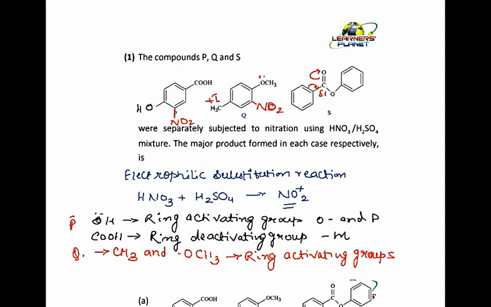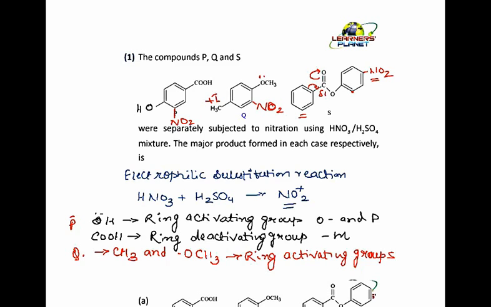So will the nitronium substitution take place here? No. Nitronium substitution will take place here, right? Now at the ortho para position, it will not take place here, it will take place here. This is where there will be steric hindrance. So here meta, it's not possible, and this is para. So here nitro substitution will take place, right?